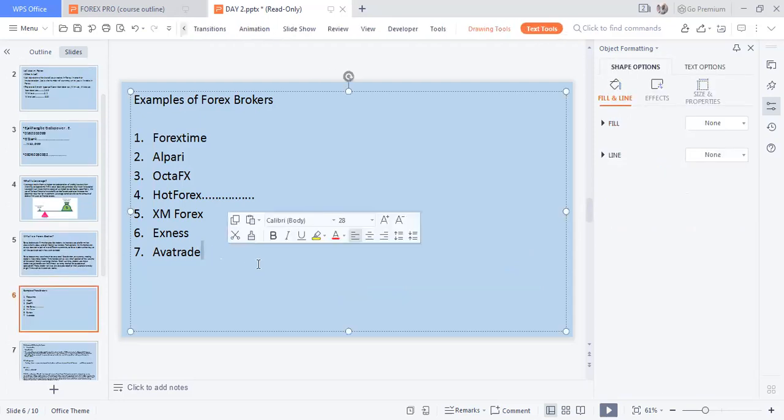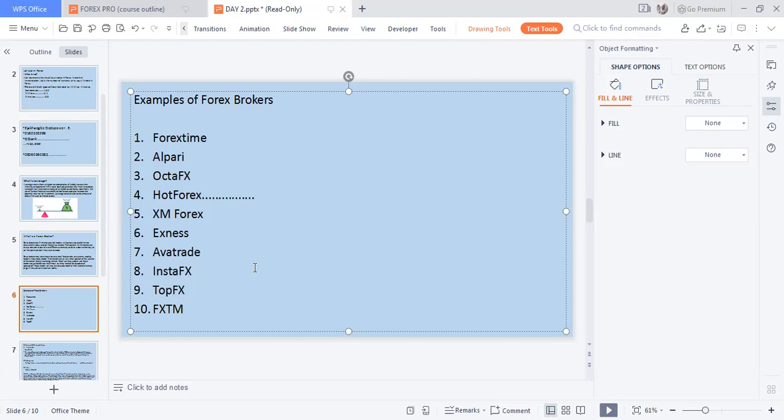There is InstaFX, there's TopFX, there's FXTM. So these are brokers that we have. There are more than this. I just listed these because I don't need to be listing them all. If I'm to list brokers here, by the time we finish, the time will have elapsed.